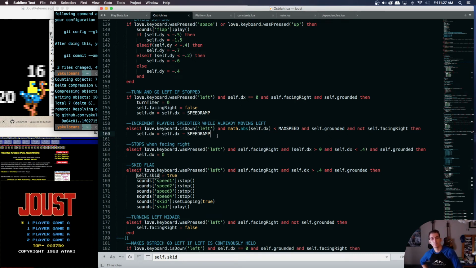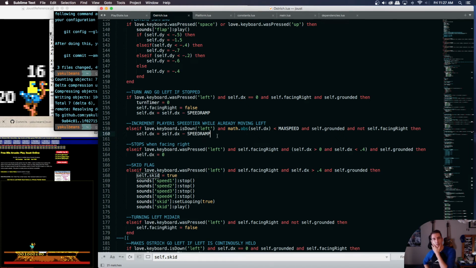So if left was pressed and we're 0 and we were facing right and grounded, then face left. Okay. Else if left is down. See, so do we say, no.